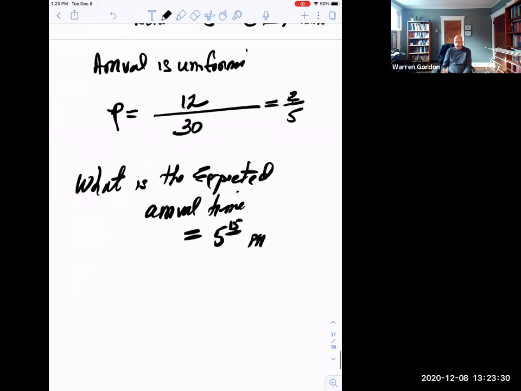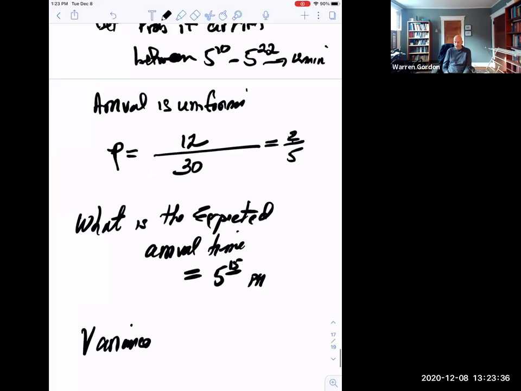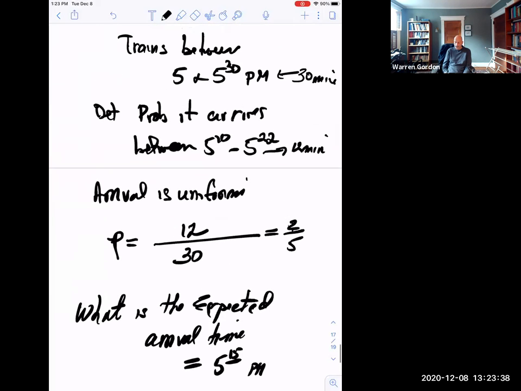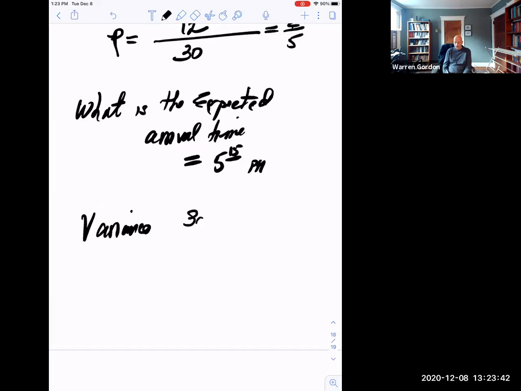And if I ask, what's the variance? Let's do the variance in minutes. Well, the variance is the length of the interval, 30 minutes, squared, divided by 12, or 900 over 12 square minutes.